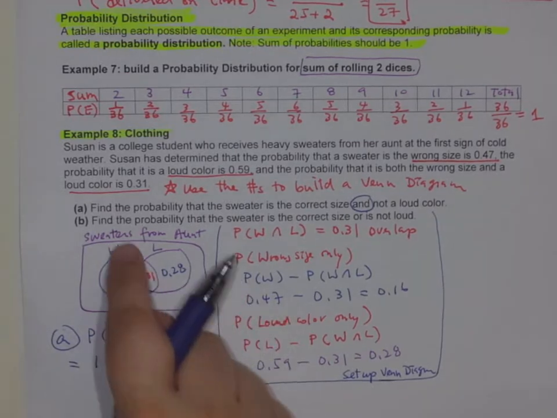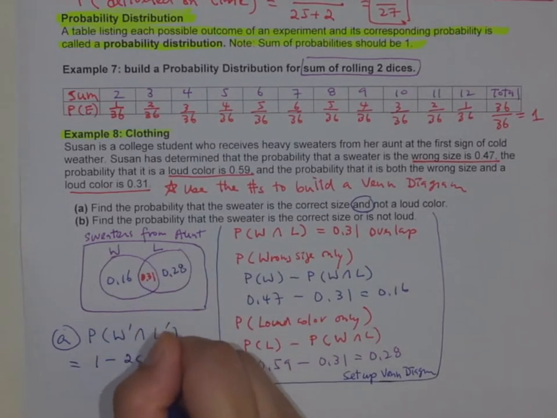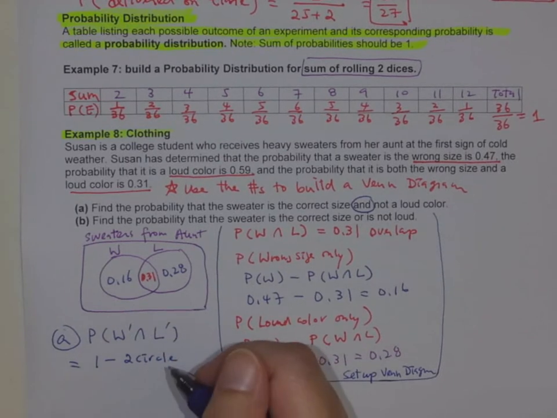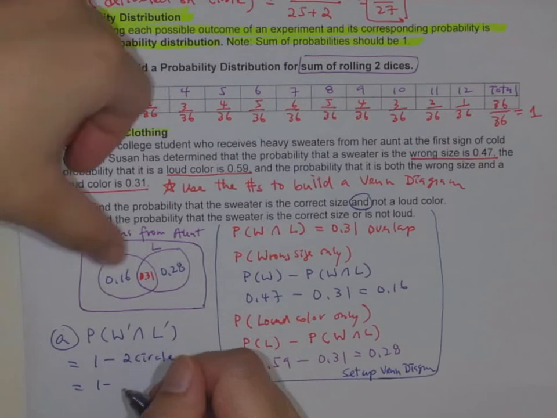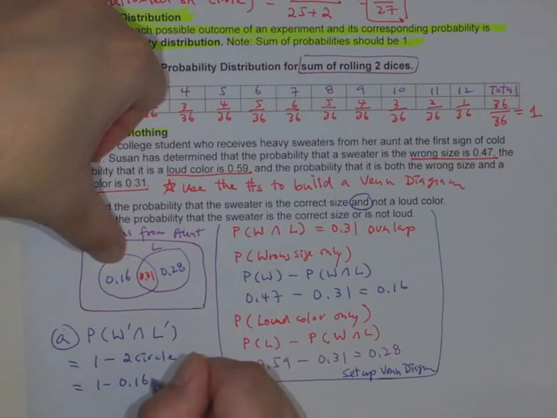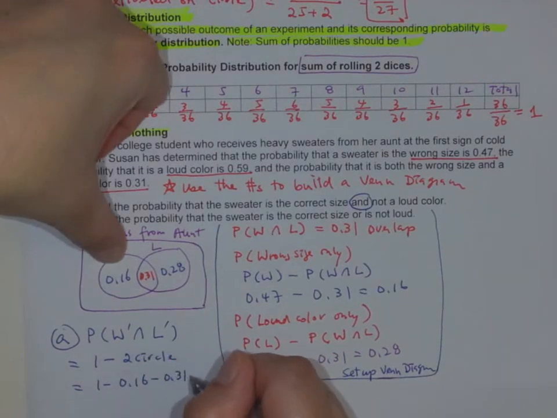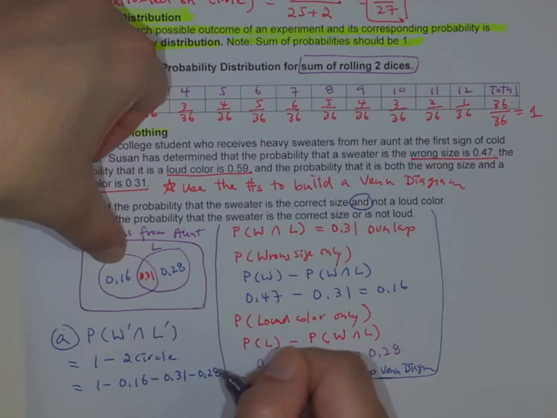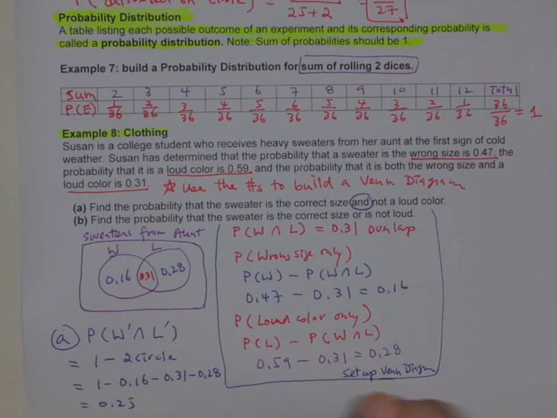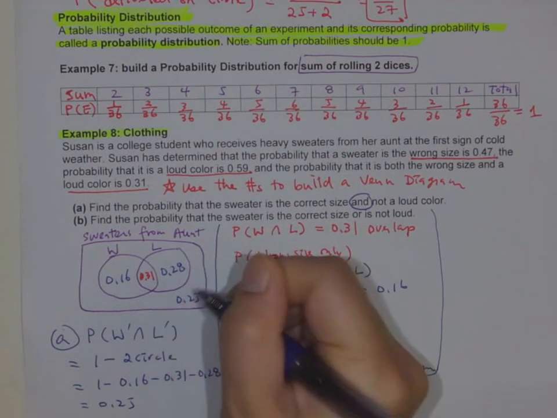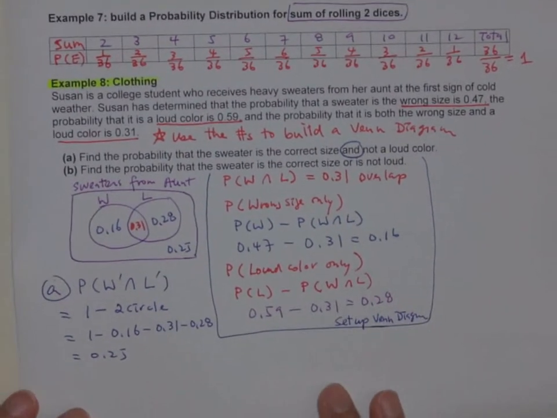So you can use 100% subtracting the two circles, right? So you can do 1 minus 0.16 minus 0.31 minus 0.28. So after you subtract that, you should get 0.25. So 0.25 goes here. So I can finish my Venn diagram.